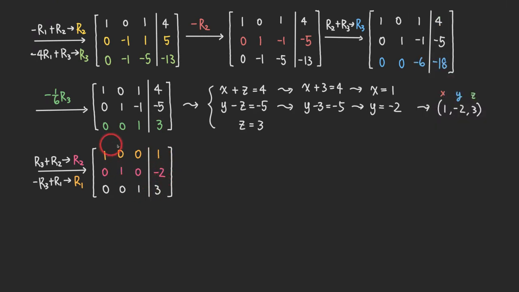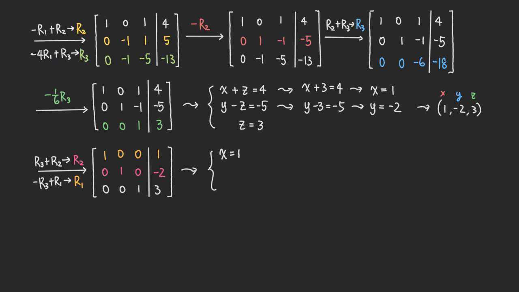Is that okay? So now, as you can see, you're getting the identity matrix right here. This is in the reduced row echelon form. And the good thing about having this form is that you can actually see the answers immediately. So x is equal to 1, y is equal to -2, and z is equal to 3, as you can see here.